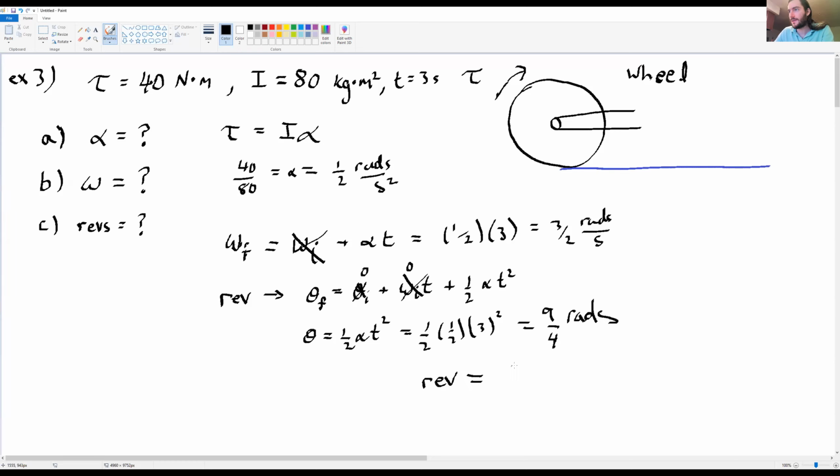So revolutions is 9 over 8 pi. For the answer there, we can go ahead and plug that into the calculator real quick. 9 divided by 8 pi is 0.36 roughly, so 0.36.